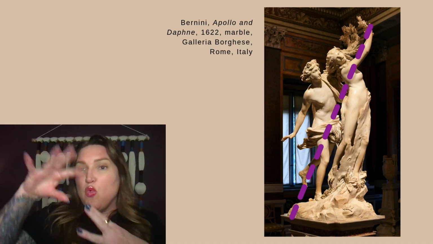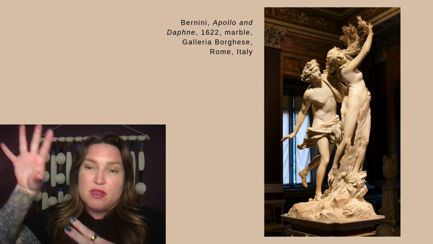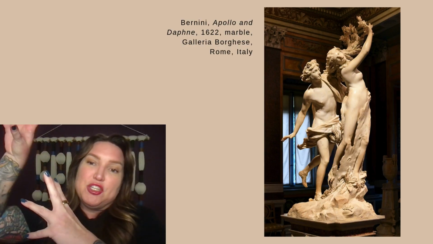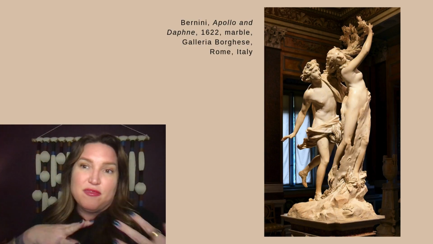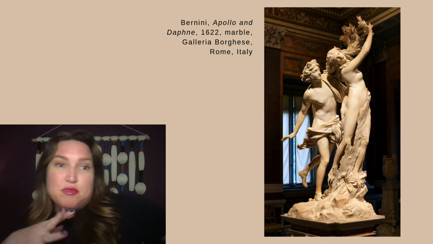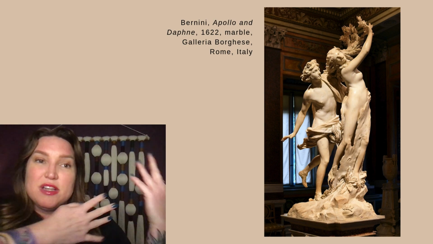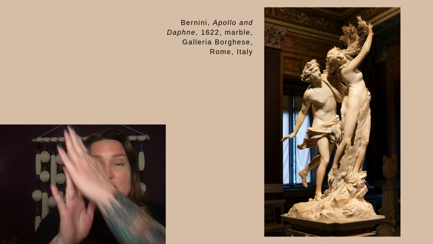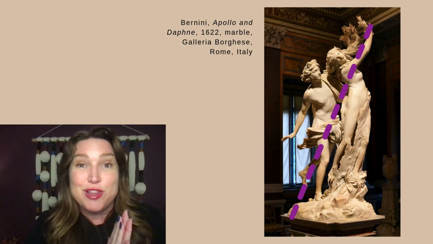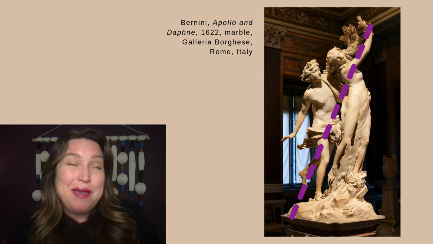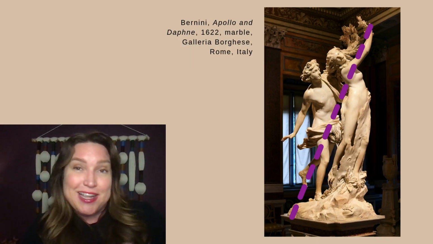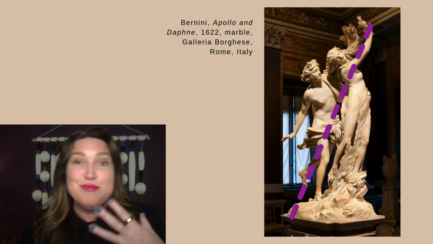We have one figure reaching up, the figure in the front is reaching up her arms, and the figure that's chasing her is reaching back with one of his arms, and one of his legs is kicking off. So we have these strong diagonal lines. And if you know anything about lines, you know that diagonal lines in an artwork create a sense of movement.